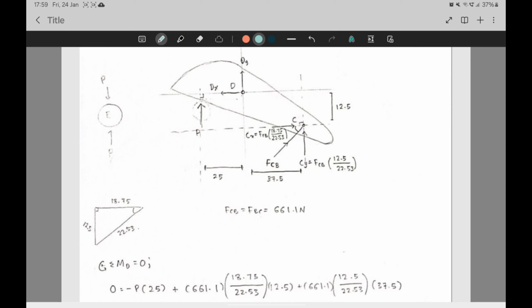So actually FBC is equal to FCB. So we have the number.